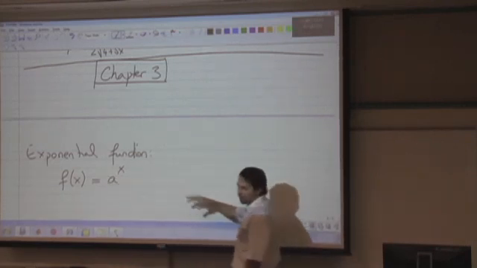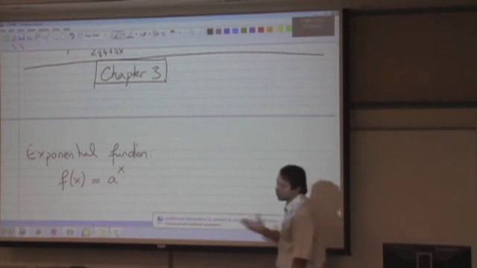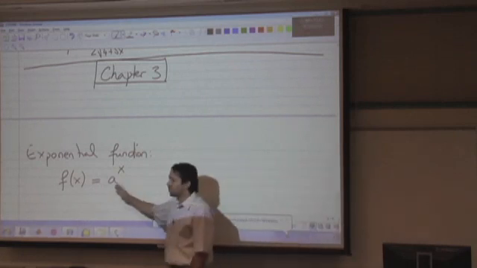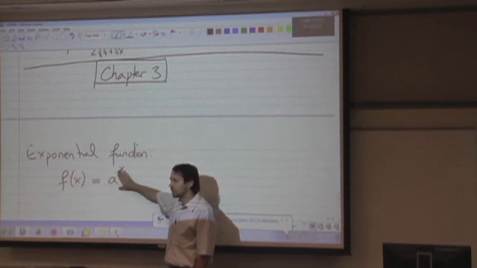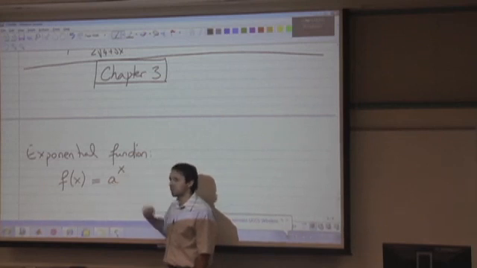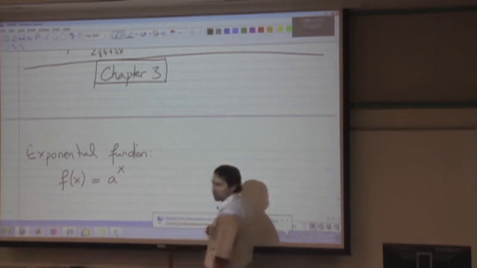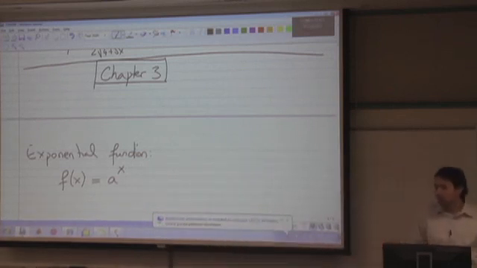Now this is where I'm going to skip a little bit from section 1, where they define a to the x rigorously. For this to be a function, we need to be able to say what is 2 to the square root of 3, for instance. We know what 2 squared is, what 2 cubed is, what 2 to the 2/3 is.